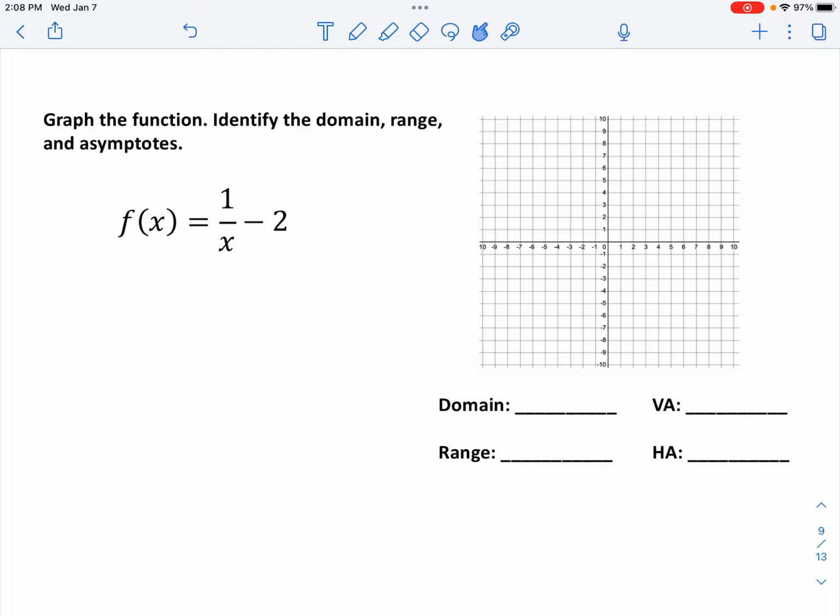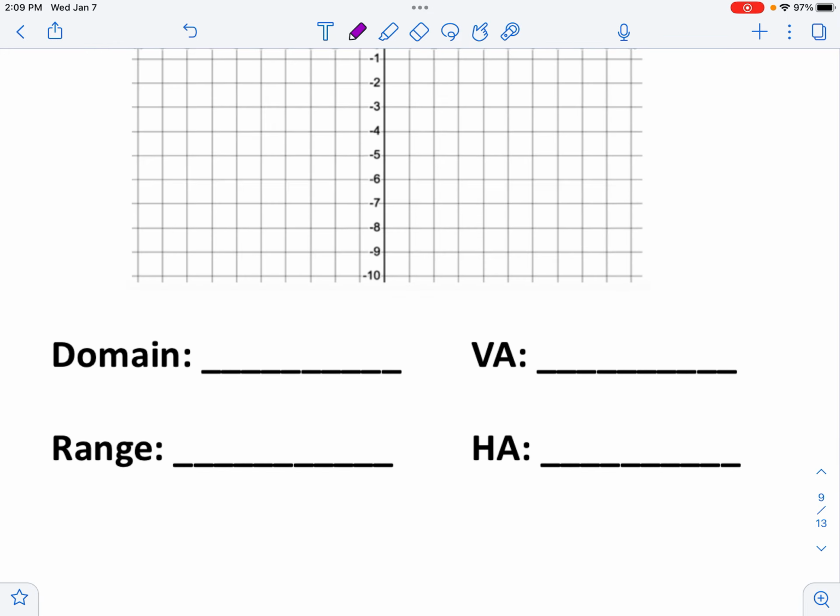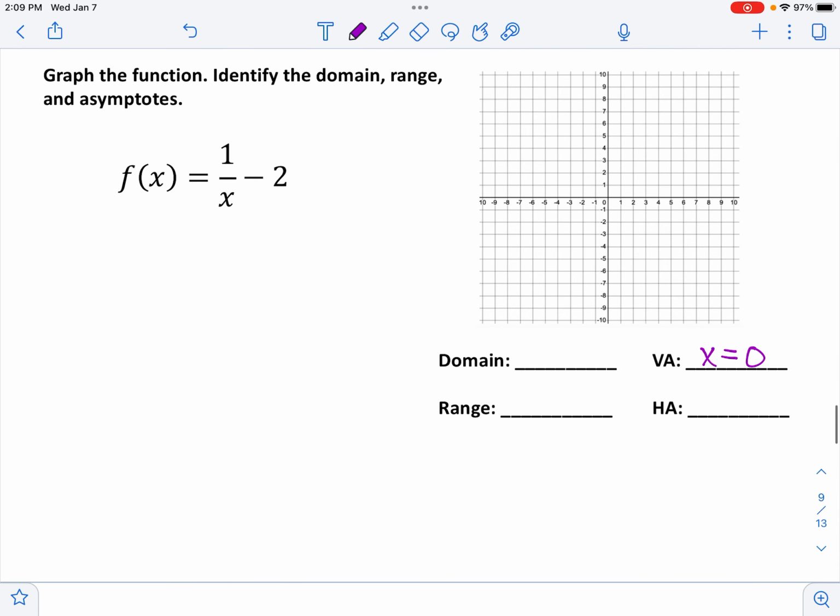So vertical asymptote would be just x equals 0, right? Because if I look at this down here, I can't have that be equal to 0. So I'm going to write that in here. My horizontal asymptote would just be this. So y, that's a horizontal line, right, equals negative 2. Okay, that's pretty easy.